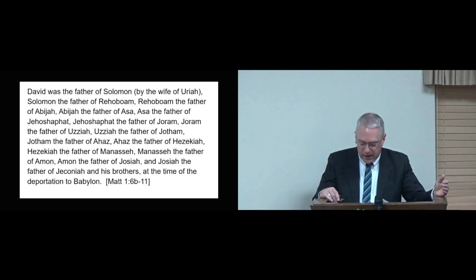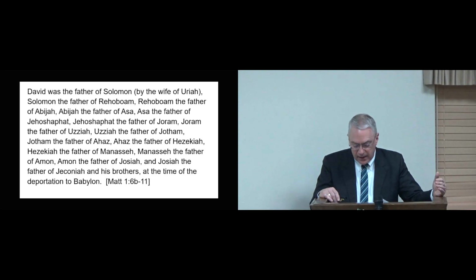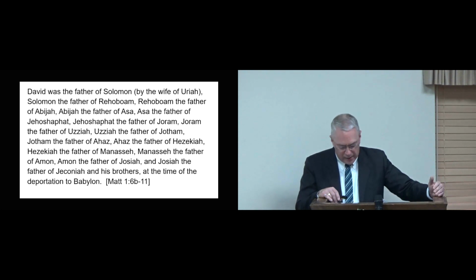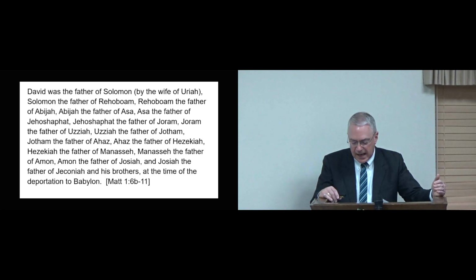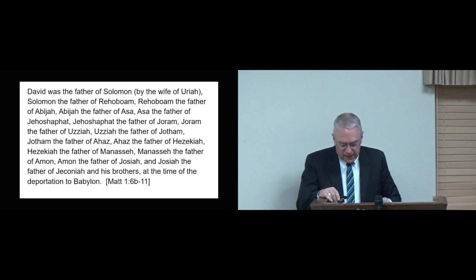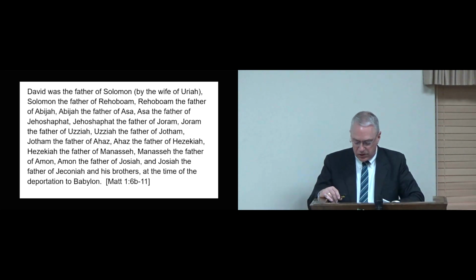So you have Solomon, then Rehoboam, then Abijah, then Asa, Jehoshaphat, Joram, Uzziah, Jotham, Ahaz, Hezekiah, Manasseh, Ammon, Josiah, and Jeconiah, and his brothers at the time of the deportation to Babylon.